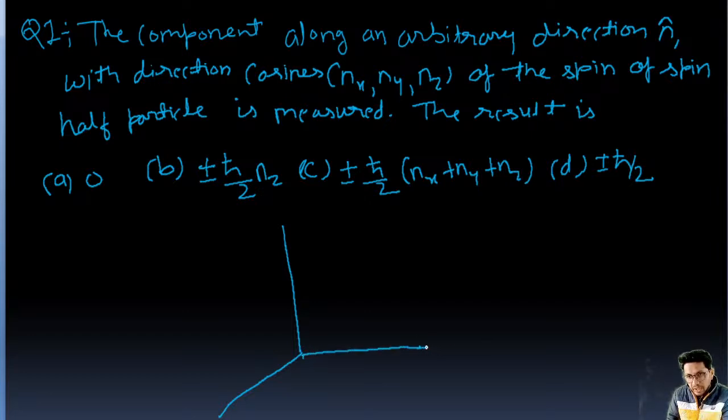Suppose this is nx cap, this is ny cap, and this is nz cap, this is the spin vector S, and this is an arbitrary vector n cap.